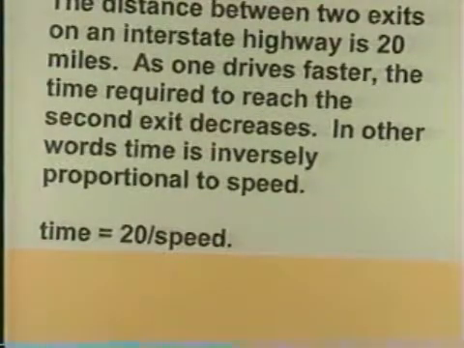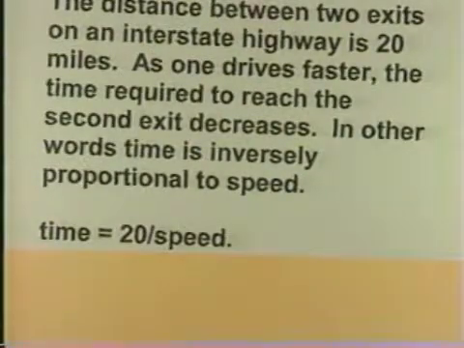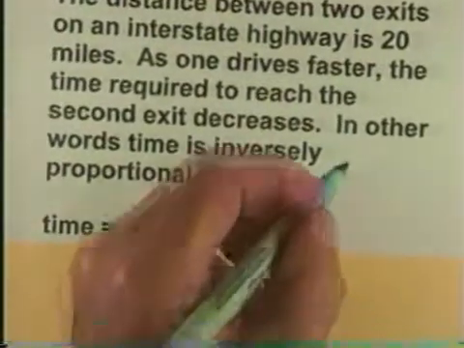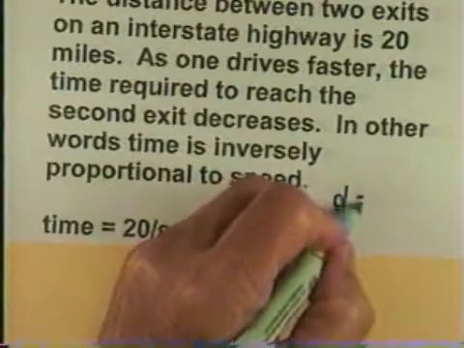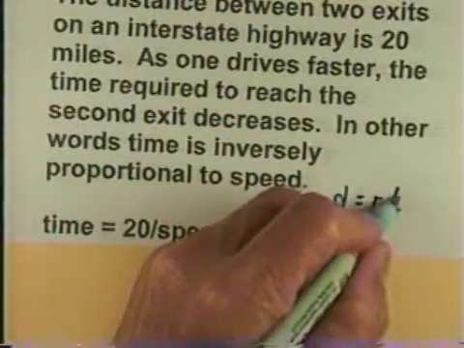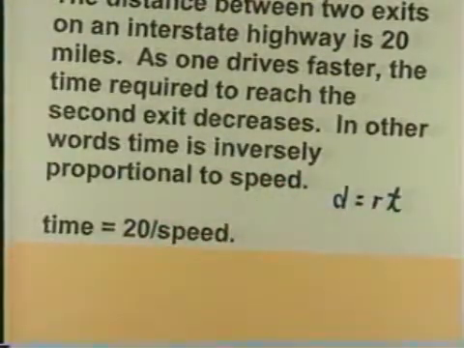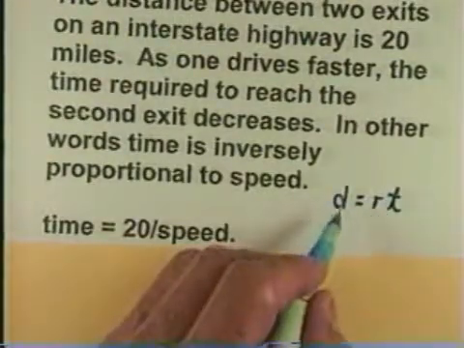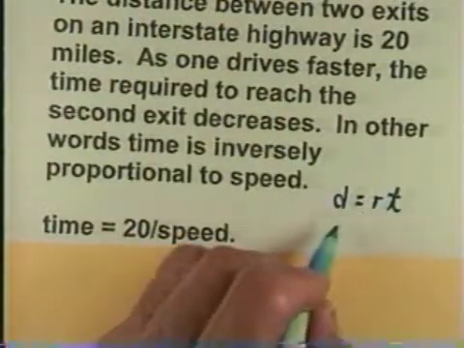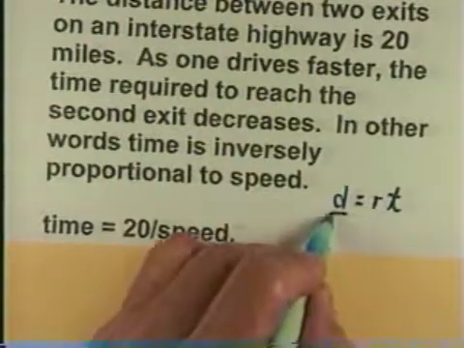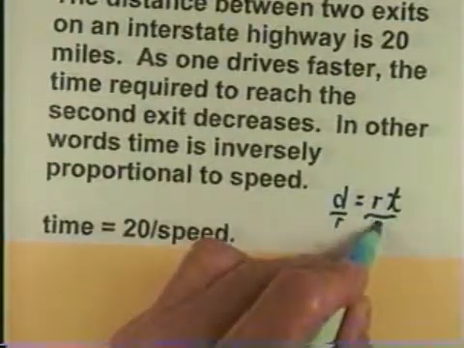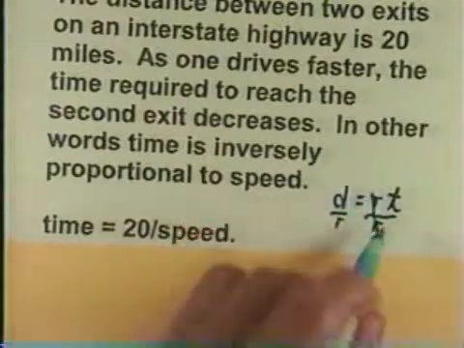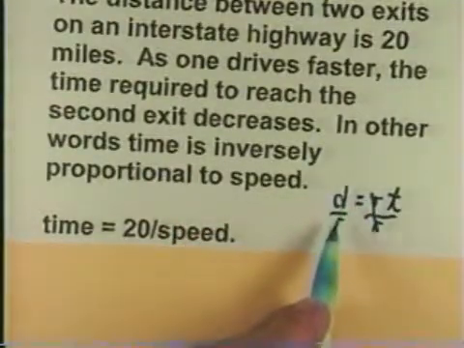You might recall from earlier studies that distance is rate times time. So then, for fixed distance and solving for time, I can divide both sides by r, and I get that time is distance divided by rate.